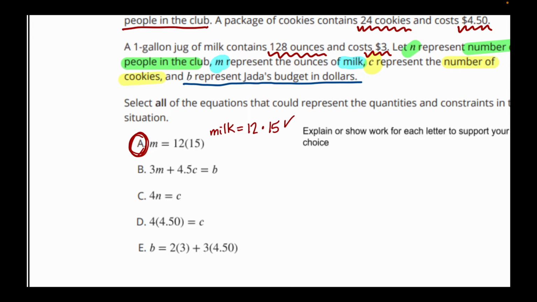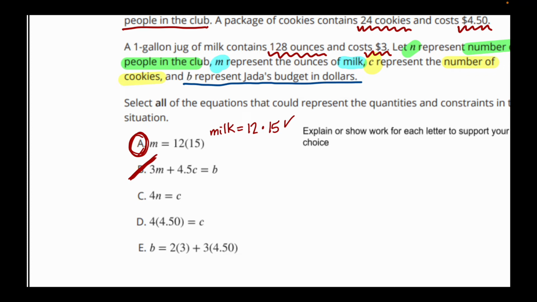So I'm going to say this is not quite it. They're getting close because they know that the milk costs $3 and that it's $4.50 for a package of cookies. However, these are the individual things and not the package types. Let's look at option C.